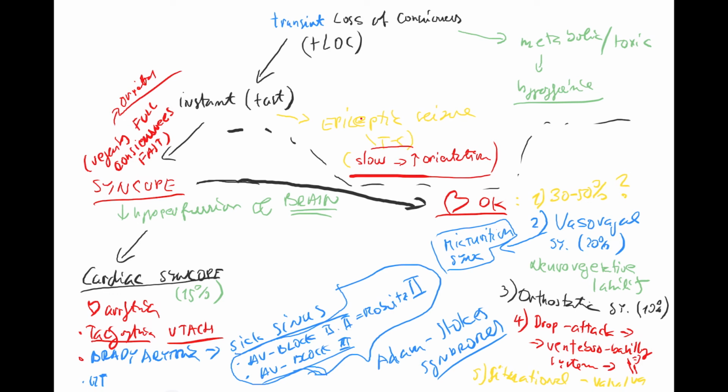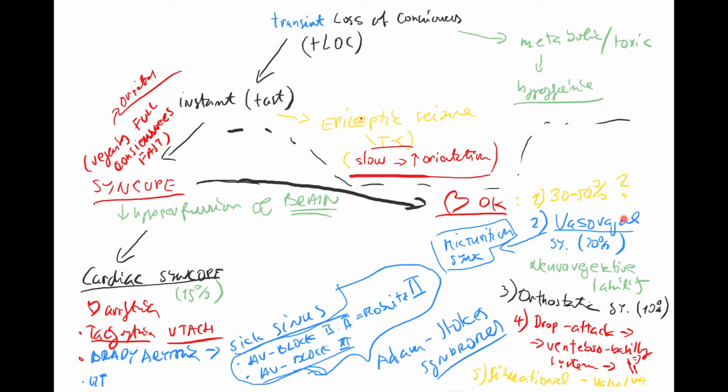And when they're drunk, and now it's in the night and they go to a restroom, they can faint over there. And it's a special type of vasovagal syncope. Okay. So as you can see, I gave you many examples of syncopes. But mainly you should know the vasovagal one and the orthostatic.